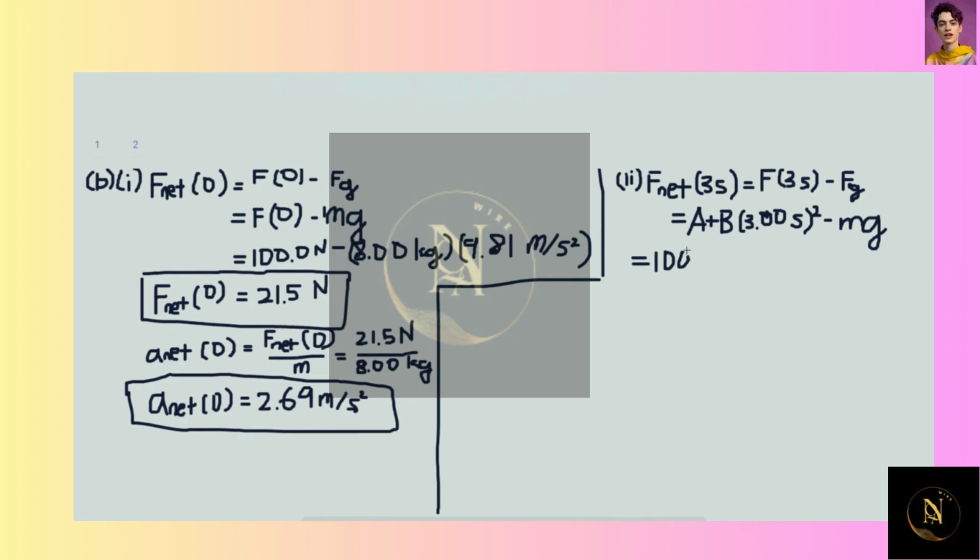So we'll omit units, but that gives us 100, add on 12.5, square the 3 to give us 9.00, and then take off 8.00 multiplied by 9.81.